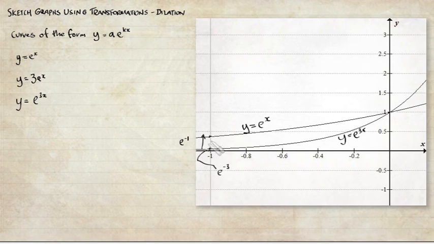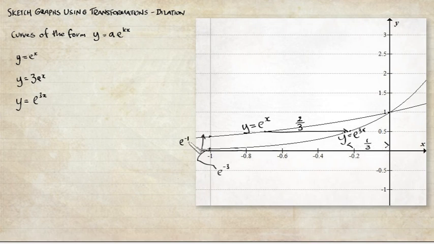And so you can see that the new curve, y equals e to the 3x, sits below y equals e to the power x to the left of the y-axis, whereas to the right of the y-axis it's above the original curve. The overall effect, of course, is to squash the graph up by a factor of a third from its original x value, so it's squashed it by a third in the x direction.